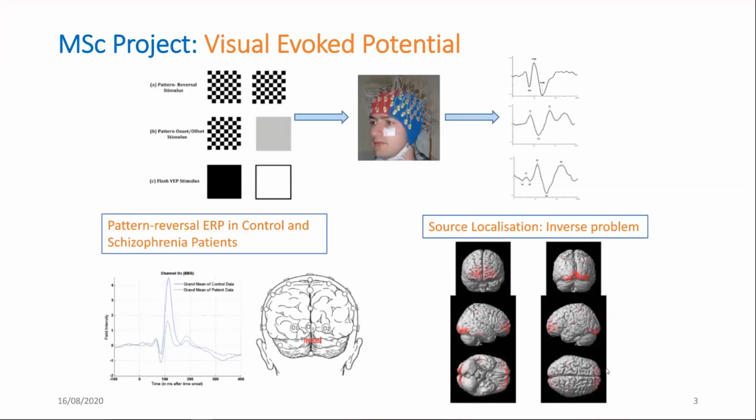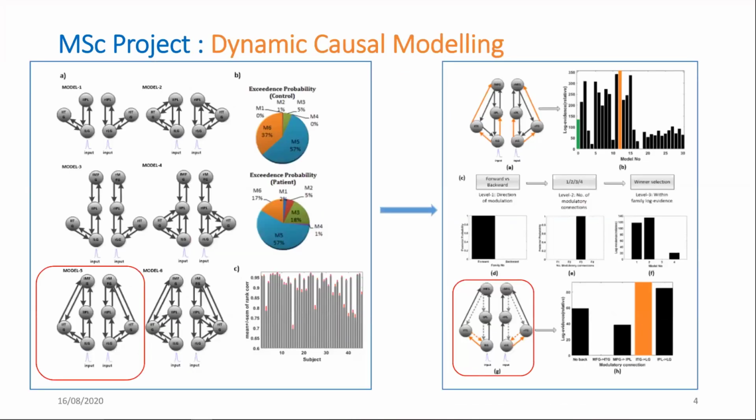We identified 4 different regions in each hemisphere. You can see there are 2 sides of the brain, 2 hemispheres. And we tried to find out the underlying reason for the reduction of this signal.